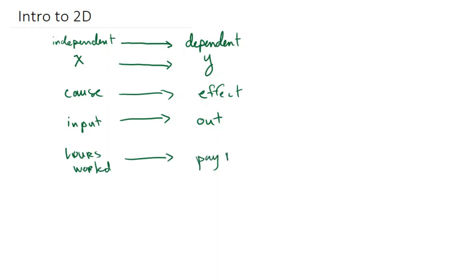It's necessary that the hours you work would be the independent variable. It would not make sense to make pay received the independent variable, because the pay you receive does not determine the hours you work. That'd be a very bad way to run a business.